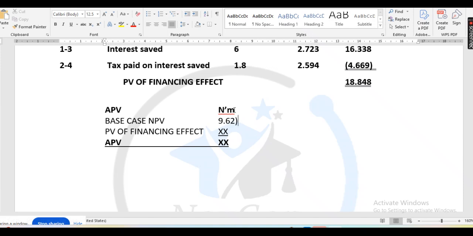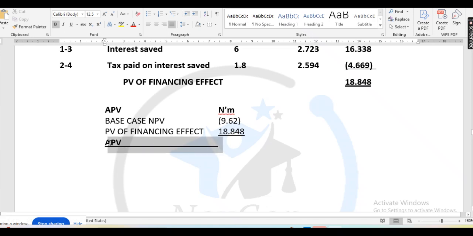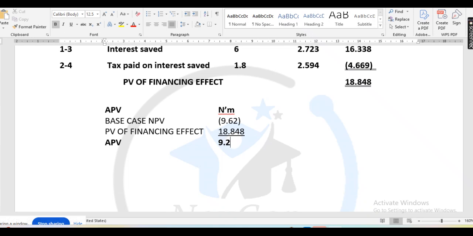So what we have here is 18.848. So what is the difference now? Because we have negative there, we need to subtract. So what do you have? 9.228. Okay, so it is positive, right?